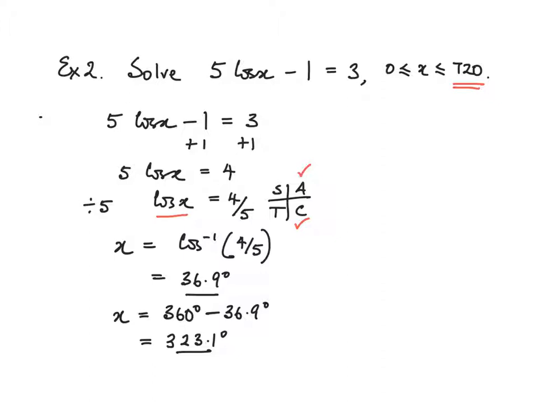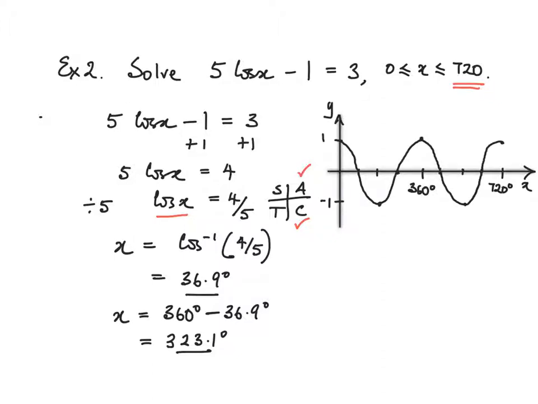Now, these are the answers which lie between 0 and 360 degrees. What on earth do we do to find the answers that lie between 0 and 720 degrees? What I've done here is drawn a graph of the cosine function showing two cycles between 0 and 720 degrees. If I want to, let me just mark on any point in the diagram.